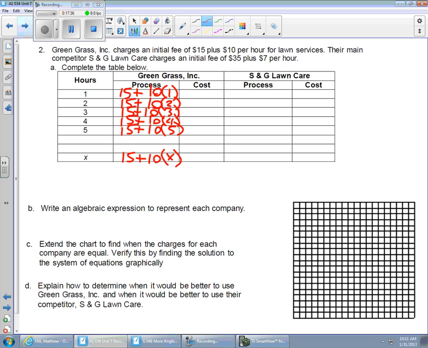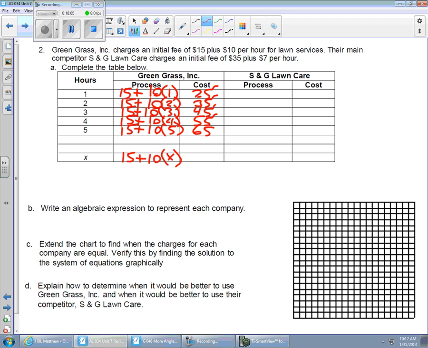So from there, we can figure out cost very easily. $15 plus $10 is going to be $25. $15 plus $20 is going to be $35. 15 plus 30, I said 35 and I wrote 30. 15 plus 30, 45. And it ought to be pretty clear at this point that it is simply going up $10 each hour, just like the problem said.